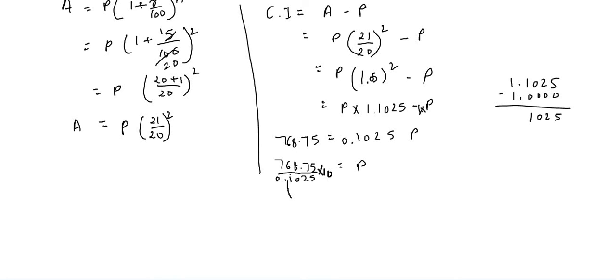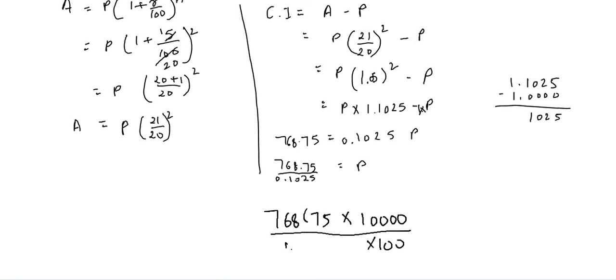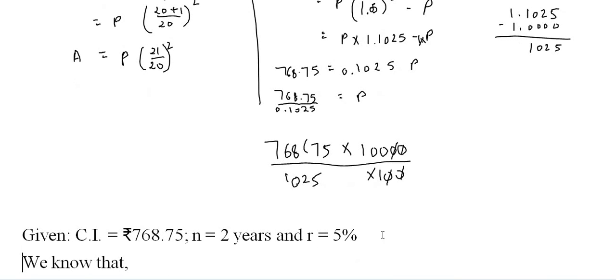Like this I can write 768.75 into, from downside if I remove the decimal, here it will be 1, 2, 3, 4 zeros, and downside if I remove the decimal from here, so here it will be 10000 and here 1025. This will be cancelled. Okay, now do the divide.